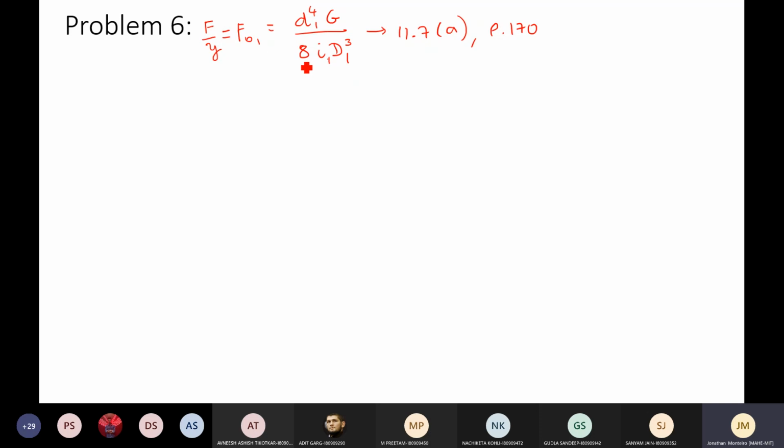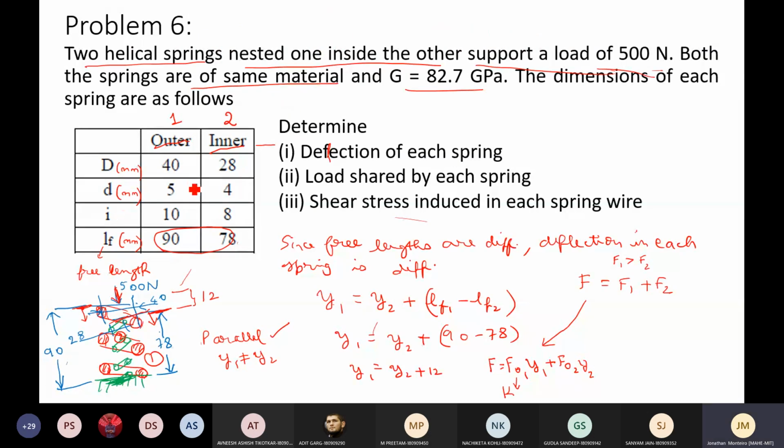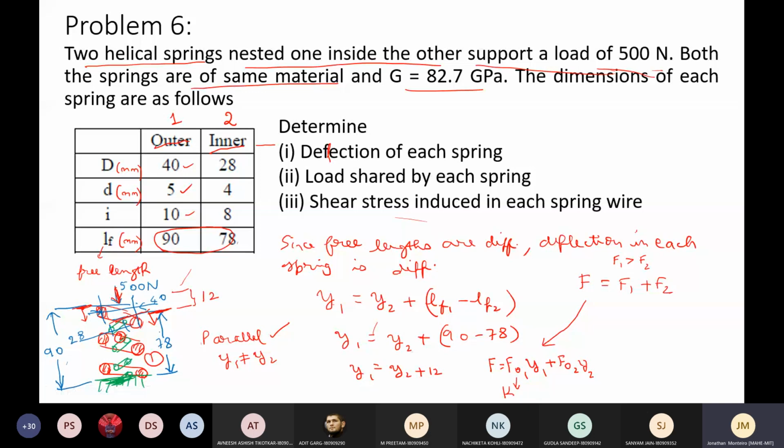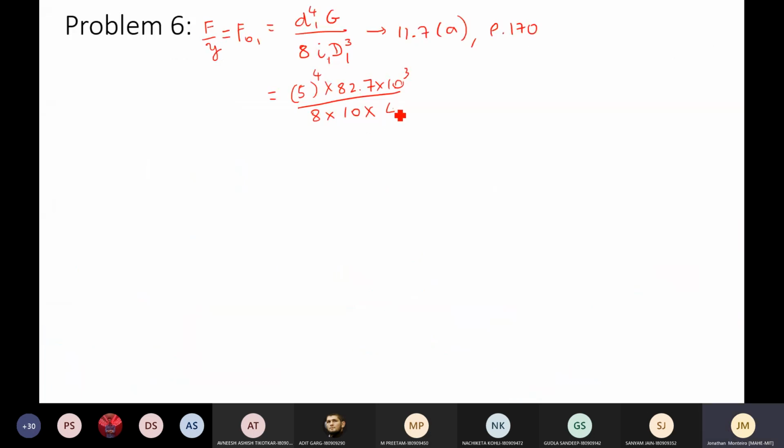Similarly, we'll write for F02. Now let me solve it with whatever information we know. If you go back to the data, this is d, this is D. Let me do it for 1. So 5, and this is 40, and this is 10, and this is 90. So 5 to the power 4, again substitute in mm, 82.7 into 10 power 3, divided by 8 into 10 into 40 cube.